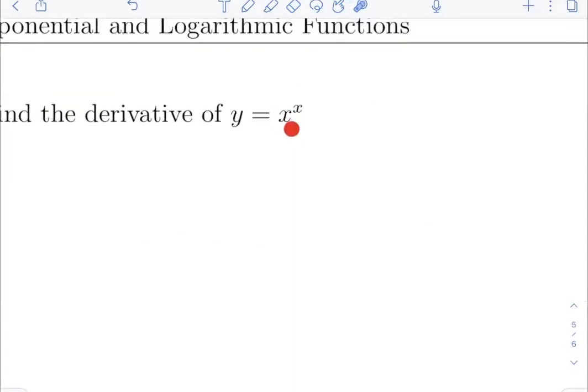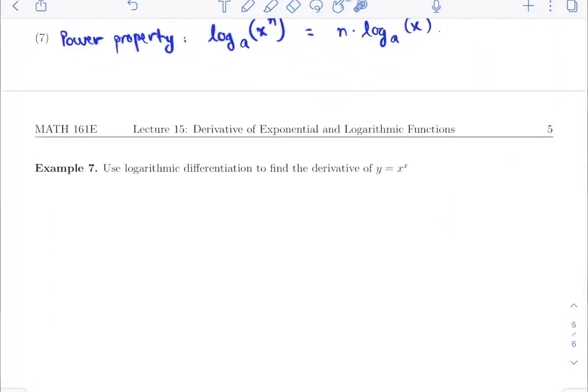This function x to the x is not a power function because the power is not a constant, and it's not an exponential function because the base is not a constant. We cannot categorize this particular function, so we have to use some other technique in order to find the derivative. The technique we want to consider is logarithmic differentiation. Now let's follow the procedure.